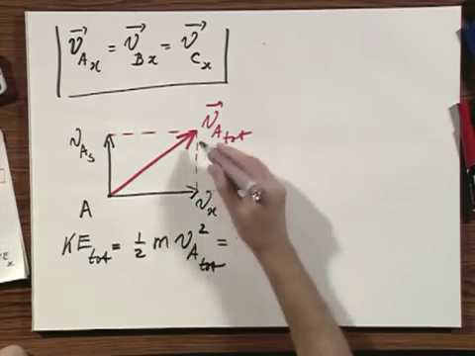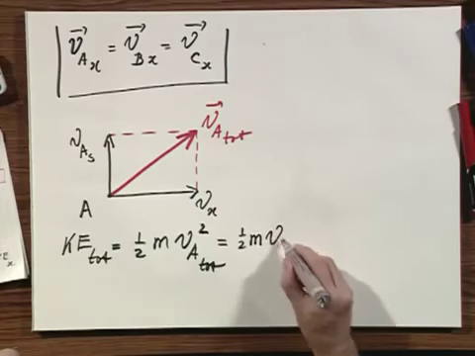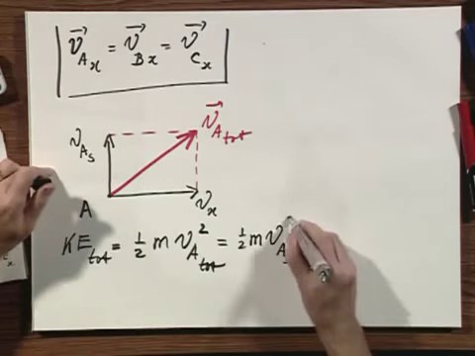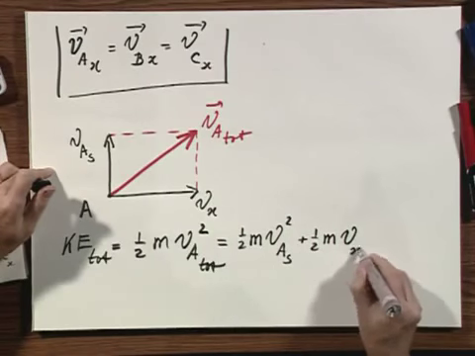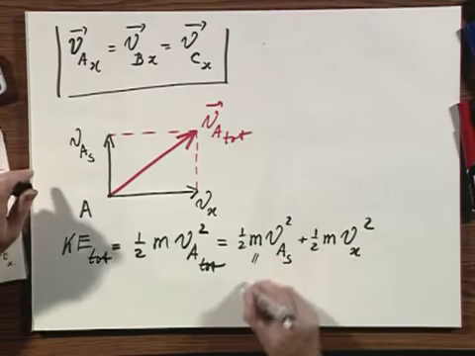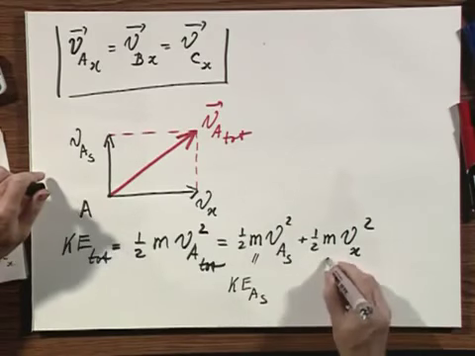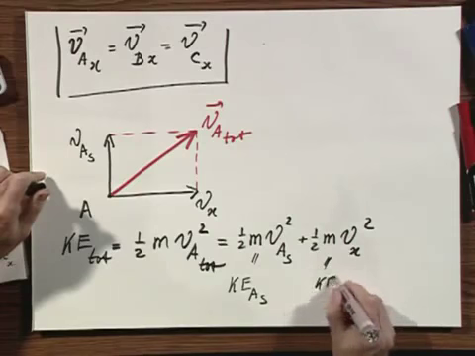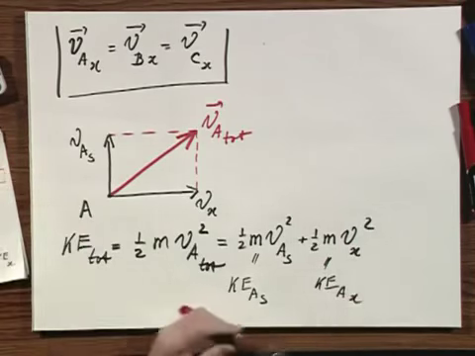But this, of course, according to Pythagoras, is also 1/2 m times V A S squared plus 1/2 m times V x squared. And this is the kinetic energy which is exclusively in the spring, and this is the kinetic energy which is exclusively in the motion in the x direction.